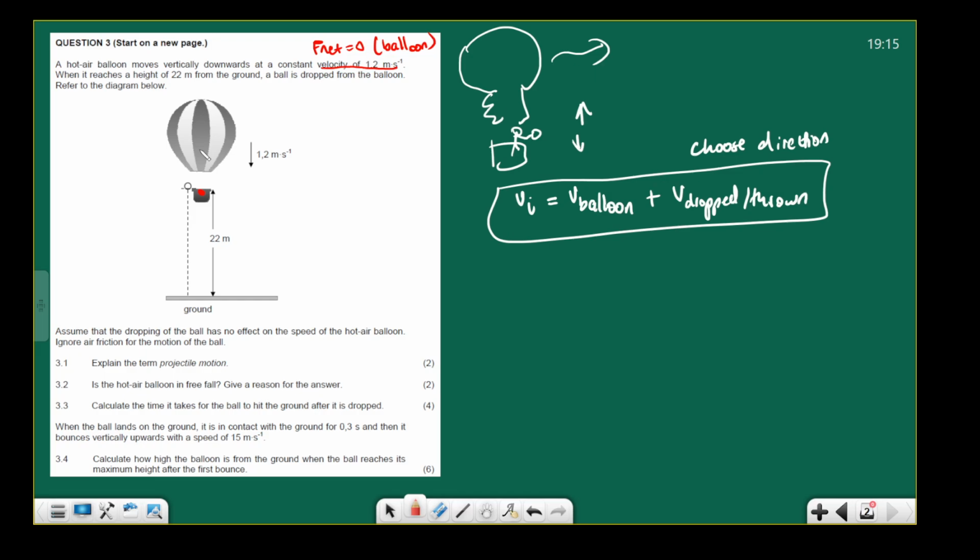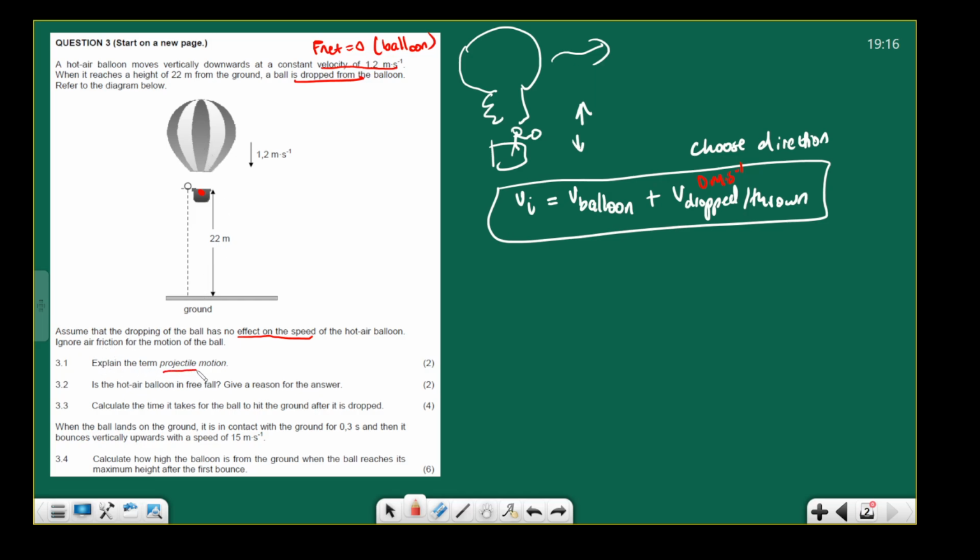When it reaches a height of 22 meters from the ground, a ball is dropped. If the ball is dropped, its initial velocity is 0 meters per second. Assume that dropping the ball has no effect on the speed of the balloon, meaning the speed remains 1,2.